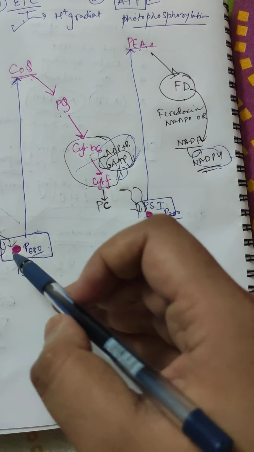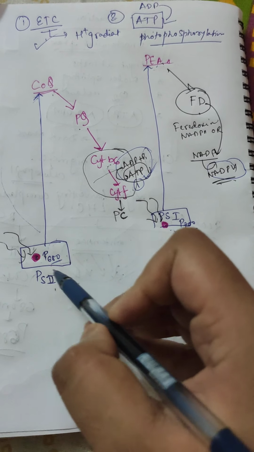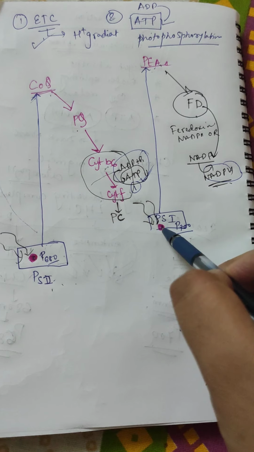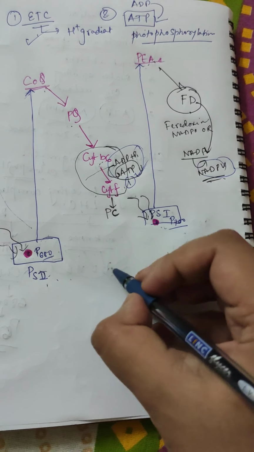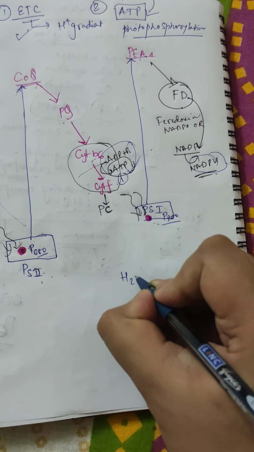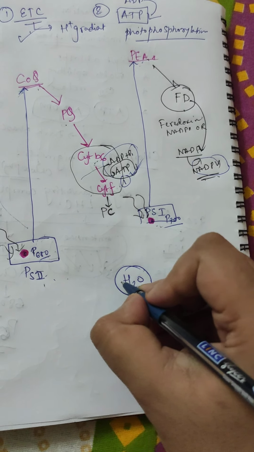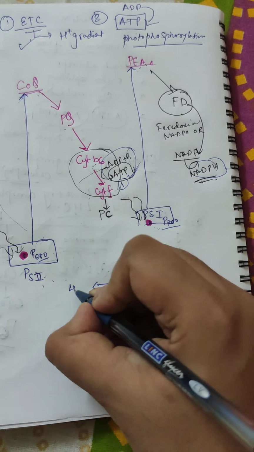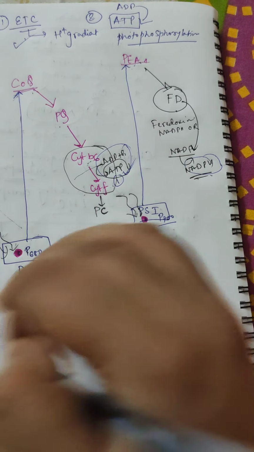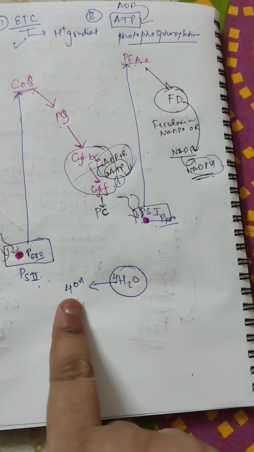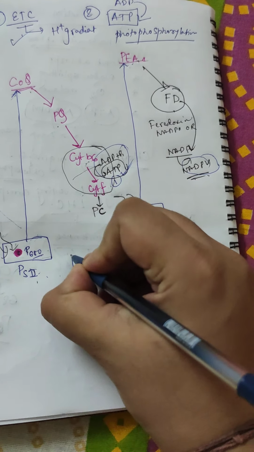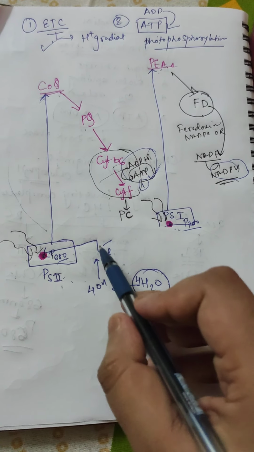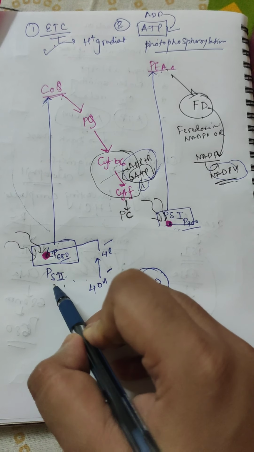Now I have already mentioned that a hole is created in photosystem 2 and also a hole is created in photosystem 1. What is interesting is that you have water molecules, and there is a splitting of water molecules. If I consider 4 H2O, then there are 4 OH minus, from which you get 4 electrons, and these electrons are donated to photosystem 2.